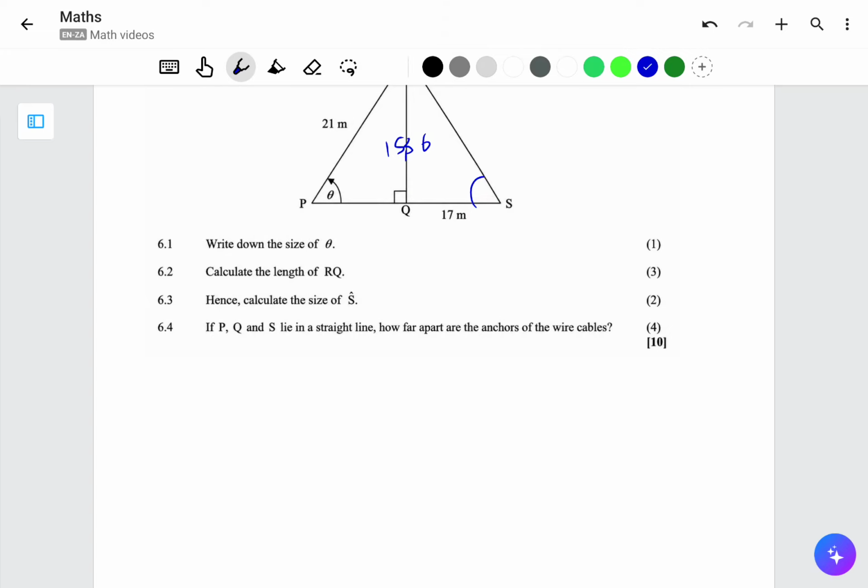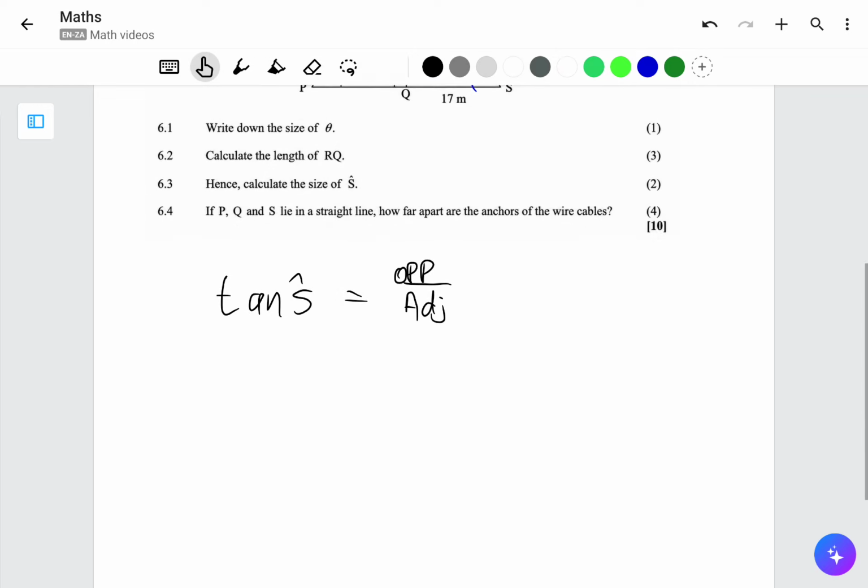What is adjacent and opposite to angle S? We know it's 15.36 and 17 meters. So we can now use tan of angle S equals opposite over adjacent. Let's move this bit up here.